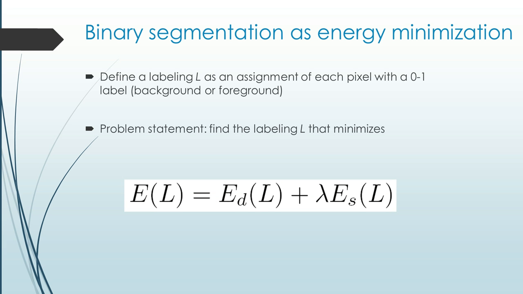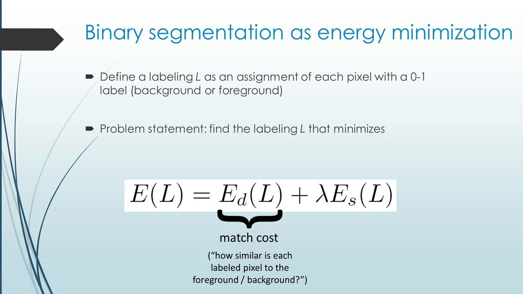Basically, the problem consists of a minimization problem in which we have an equation that consists of the match cost, which represents how similar each labeled pixel is to the foreground or background. So basically we're going to label each pixel and try to find the similarity to the strokes that we already provided.